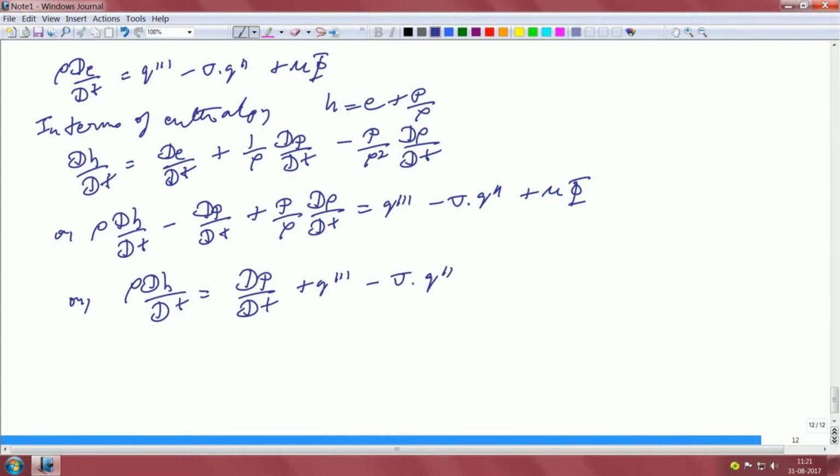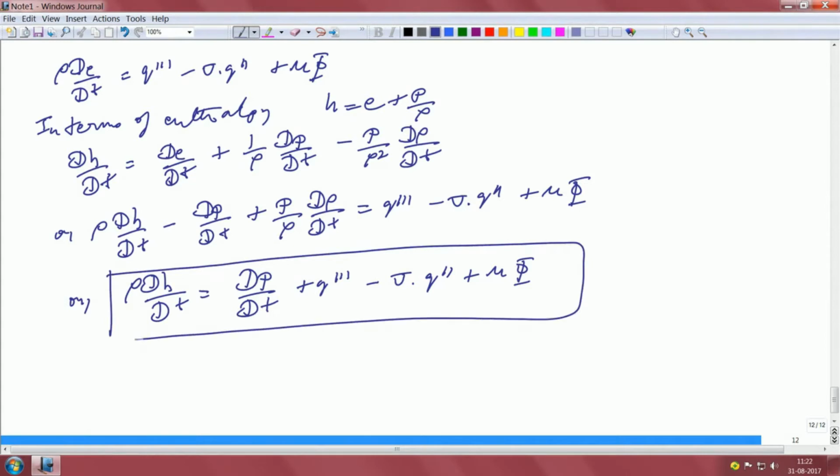And we obviously know that since it is incompressible, the rho is not varying. So, that d rho by dt term goes to 0. Based on this, this is the expression that you are going to get. So, this casts it in terms of the enthalpy. This is the generation term, this is the diffusion or the conduction term, this is the viscous dissipation term, and this is the pressure term that we have.